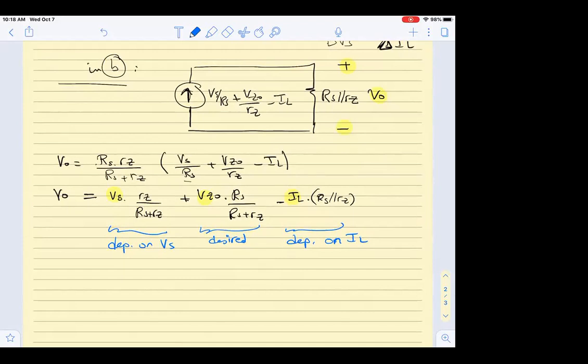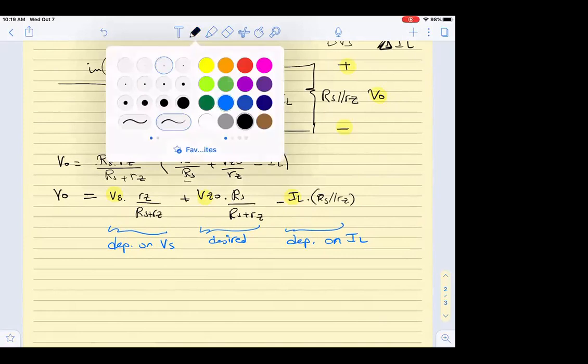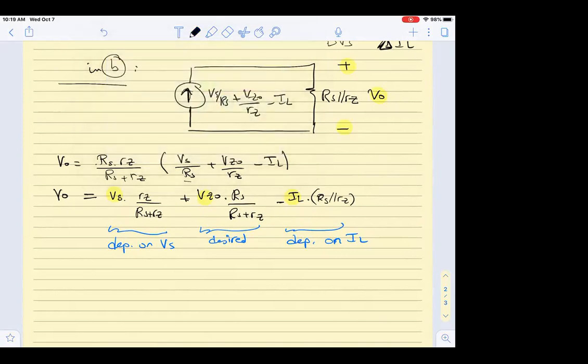So if we now want to calculate the quantity delta VO over delta VS, what is it? How can we find it? From the equation that we have, from equation star, who can find from star the delta VO over delta VS?